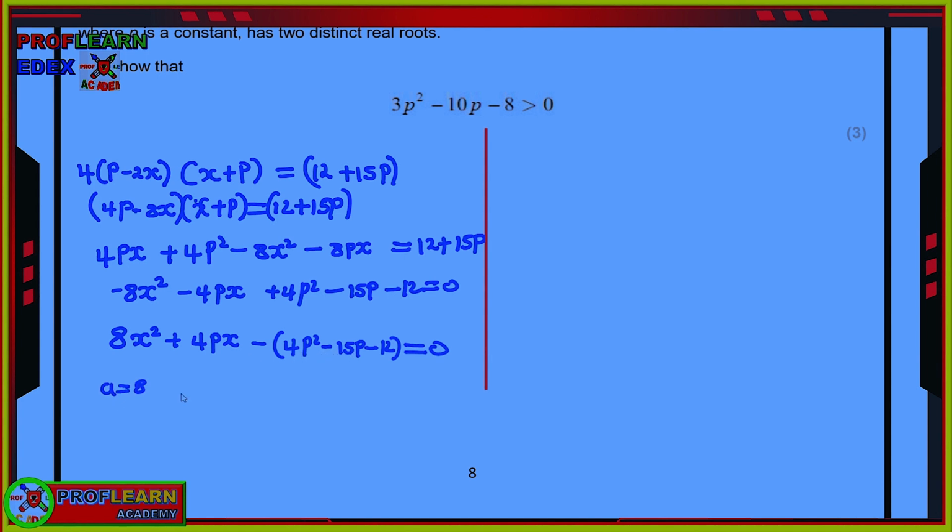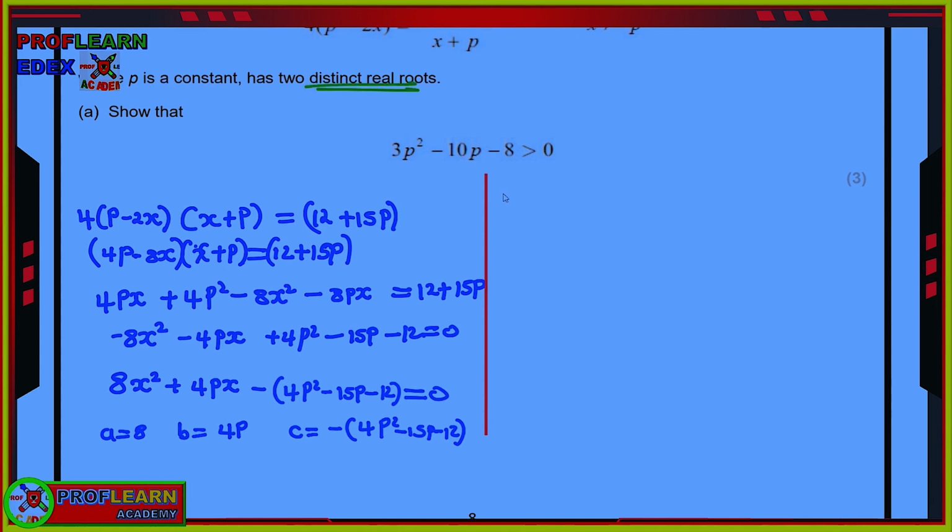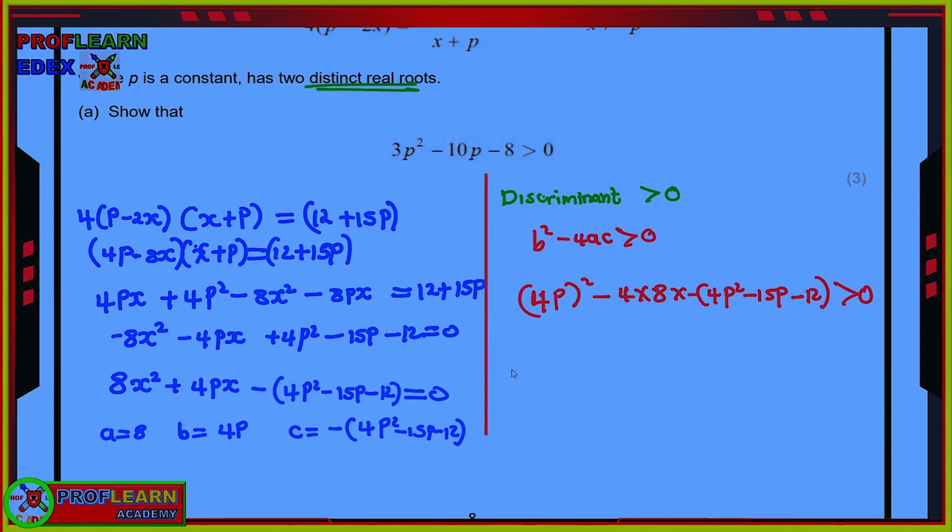And remember, the discriminant is usually b squared minus 4ac, right? So the discriminant in this case, because we are told distinct roots, is going to be greater than 0. And the discriminant is gotten by this formula. Our b is 4p, so we say 4p squared minus 4 times a, which is 8, times negative, in brackets, the value of c.